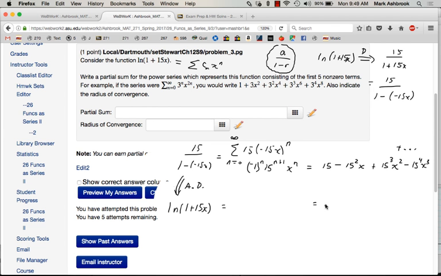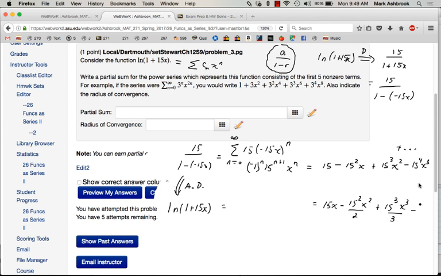So antiderivative of 15 is 15x. Antiderivative here is minus 15 squared, x squared over 2, plus 15 cubed, antiderivative of x squared, x cubed over 3.